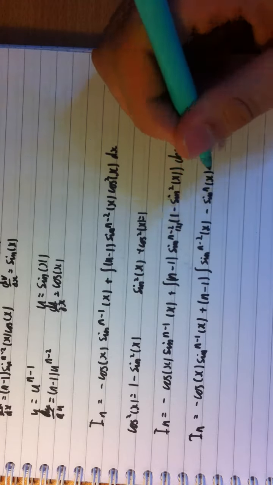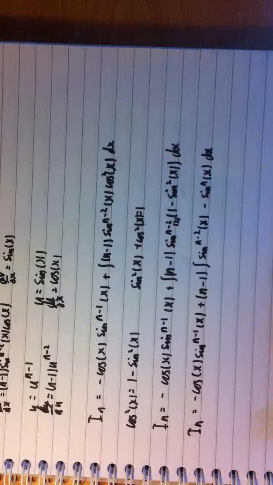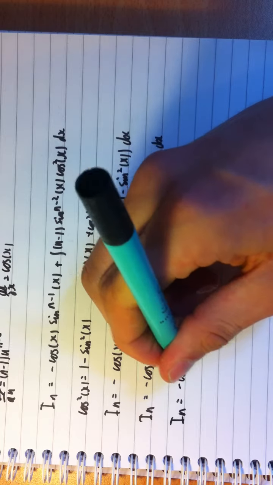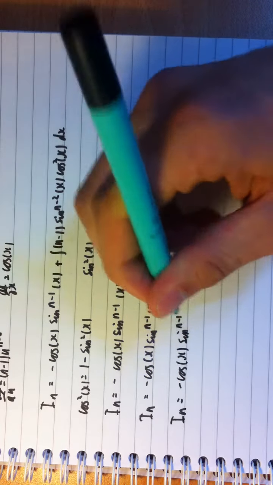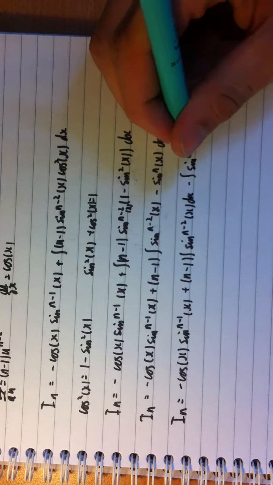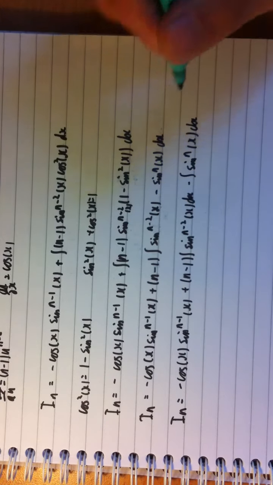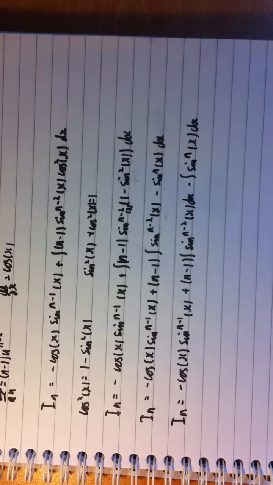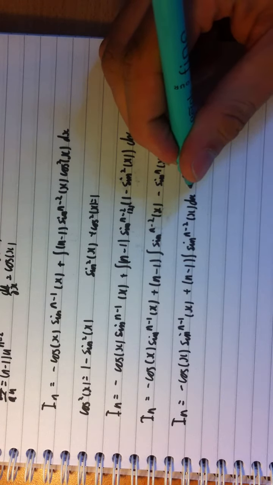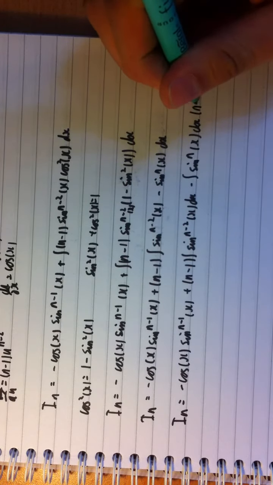I can split this integral into two parts, which I'm going to do now. So I_n now becomes negative cos x sin^(n-1) x plus (n-1) the integral of sin^(n-2) x dx, take away the integral of sin^n x dx. This should also be multiplied by n minus 1.